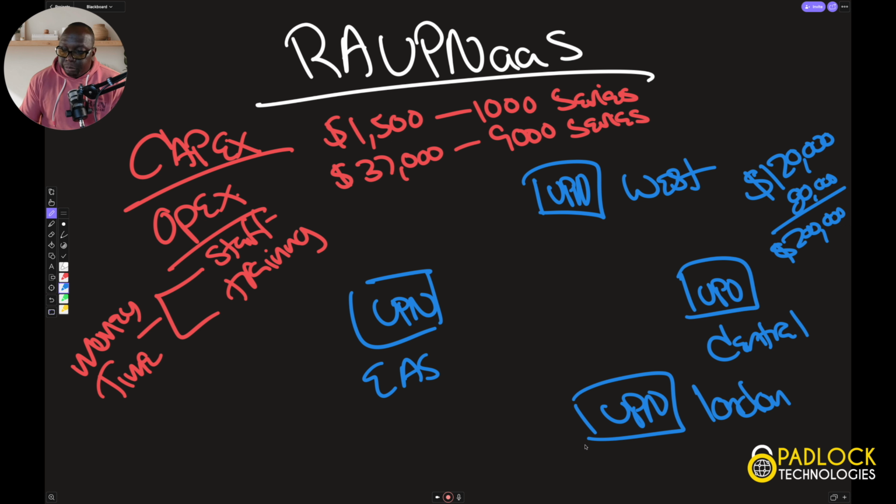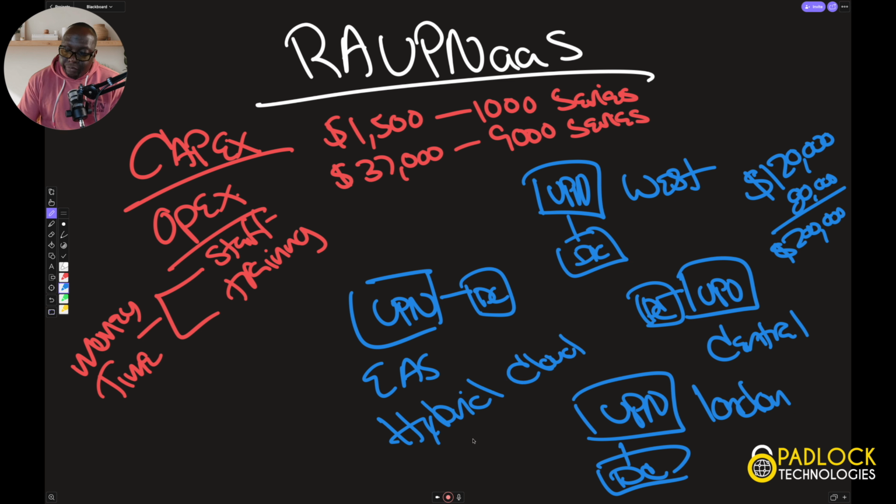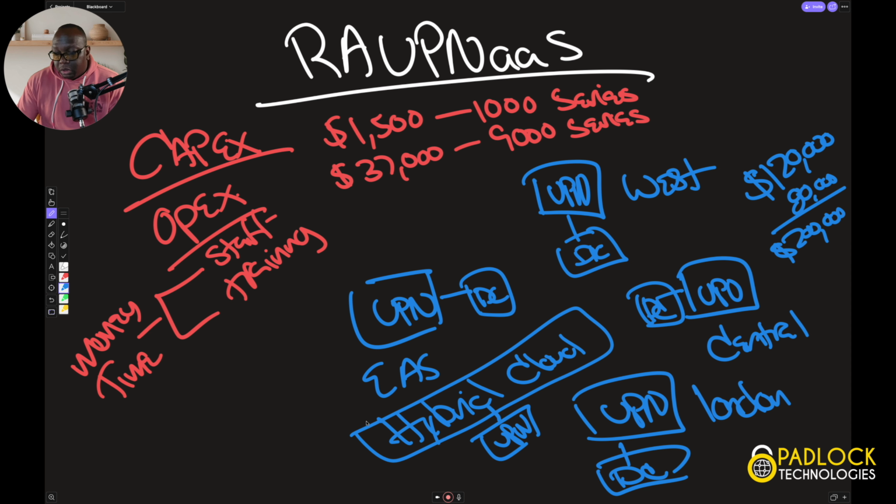Now, obviously, these VPN head-ins are probably going to connect you to a data center, another data center. This could be a data center, and that's if you use all. If you have a data center, most people have two, but I've seen distributed data centers all over the place, especially with hybrid cloud. So if you have a hybrid cloud infrastructure, you may have a VPN head-end up there to get there as well. So you add that cost.